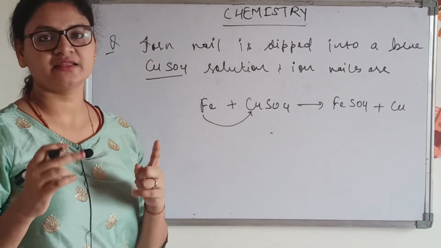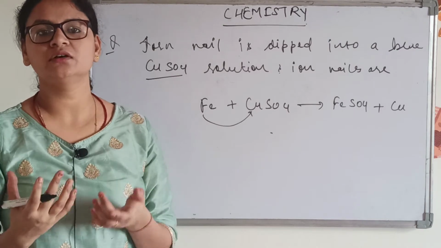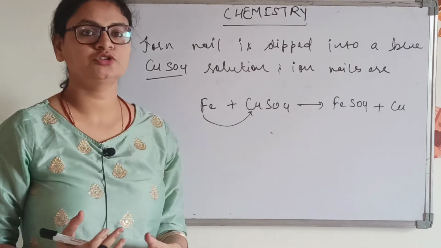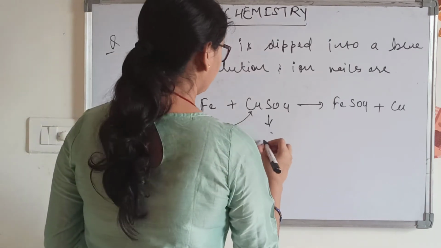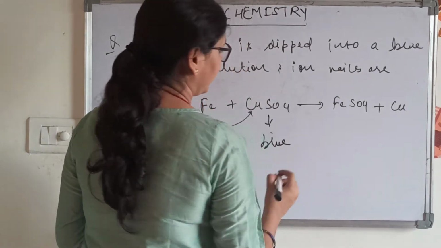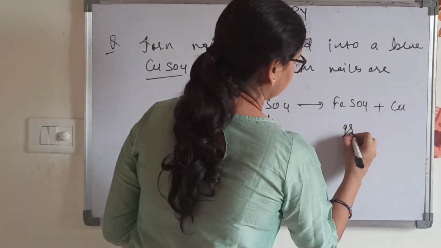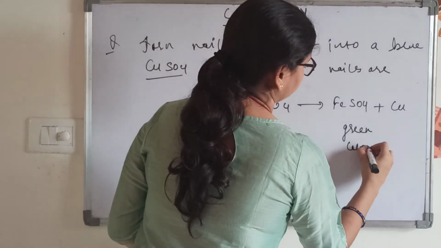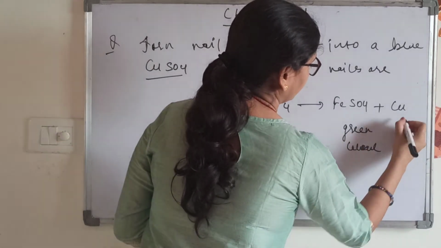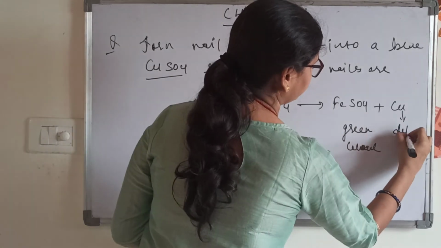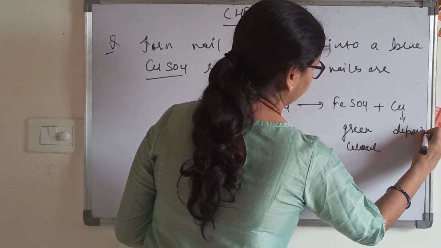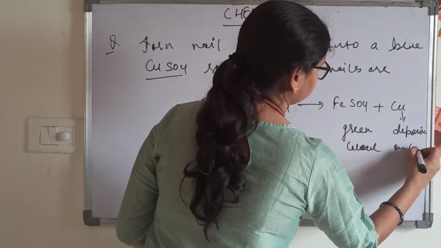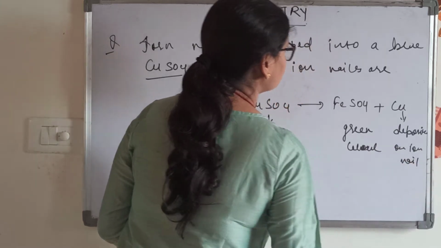So now we will see a copper coating on the iron nail, and the solution, which was initially blue in color, will later turn greenish. The solution will be green in color, and copper will be deposited on the iron nail. So this is the reaction.